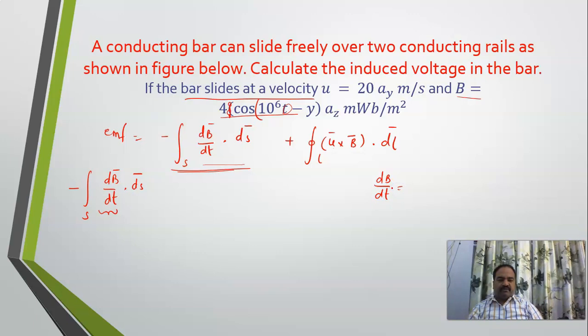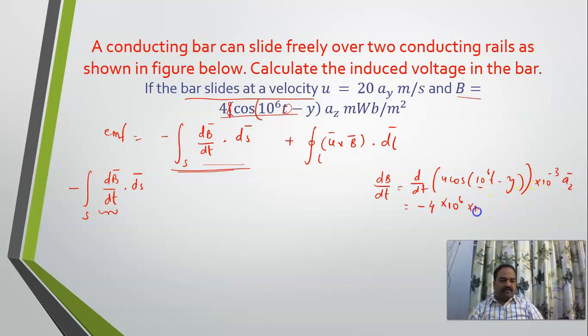In this one, if you carefully see, dB by dt is the time differential of 4 cos of 10 power 60 minus y into 10 to the power of minus 3, and it has a component z bar, isn't it? So if I differentiate with respect to time, cos will become minus sine, and this will become minus 4 into 10 to the power of 6.